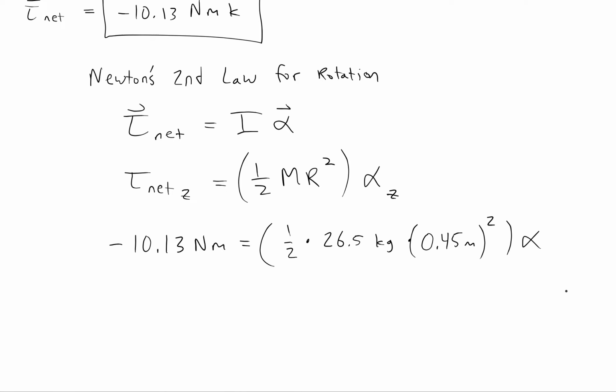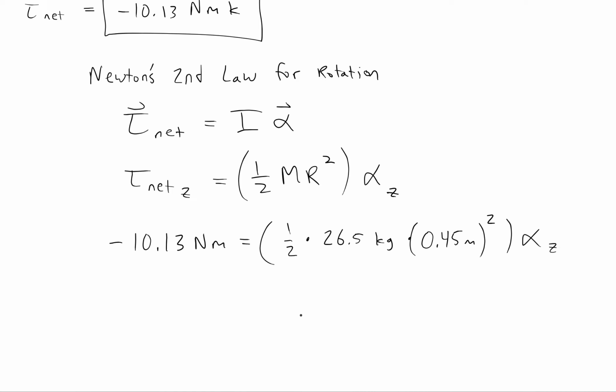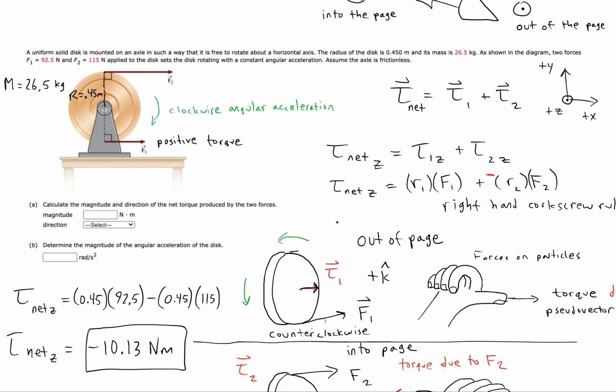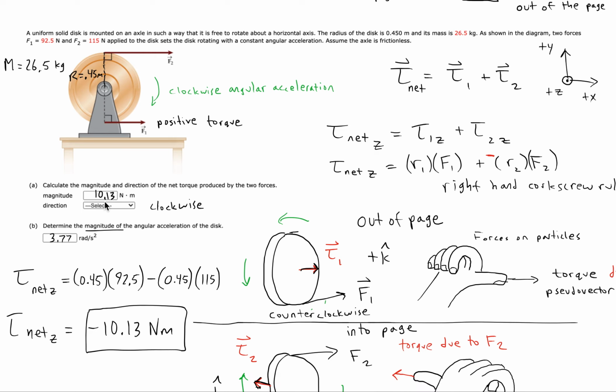Then we can solve for the alpha. So alpha is, I'm getting negative 3.77 radians per second squared. It'd be 10.13 for the torque magnitude. Clockwise tells the direction, and the angular acceleration magnitude is positive as well because they want the magnitude.